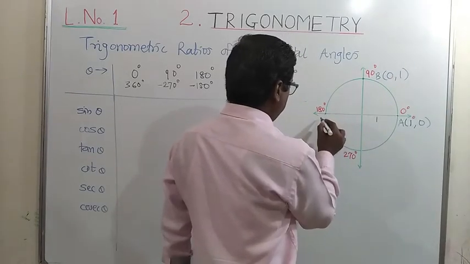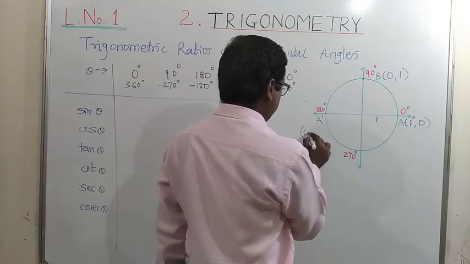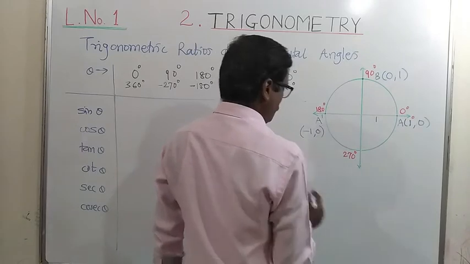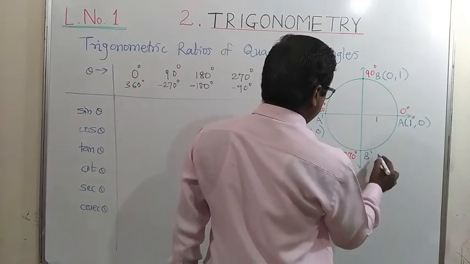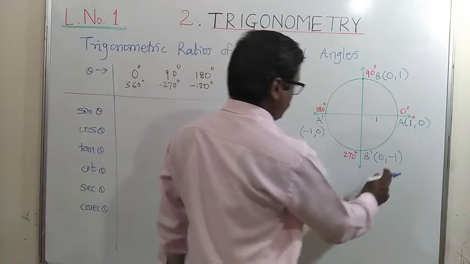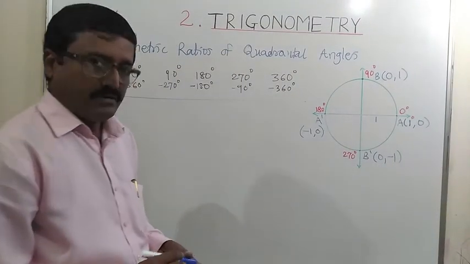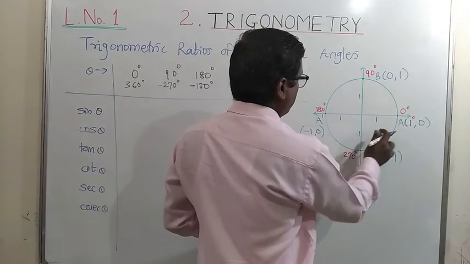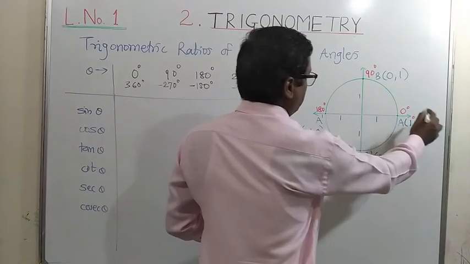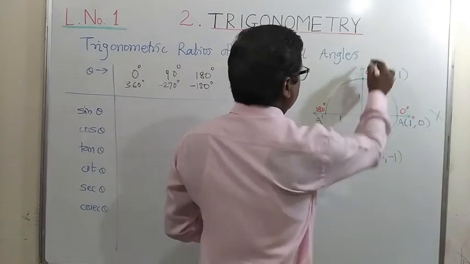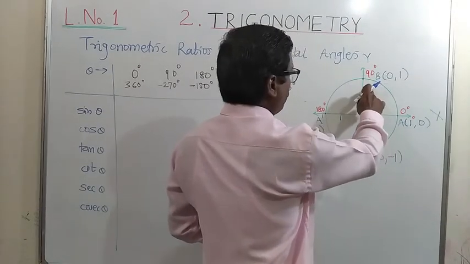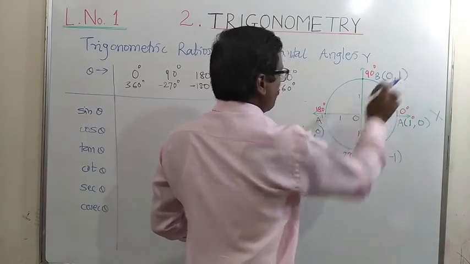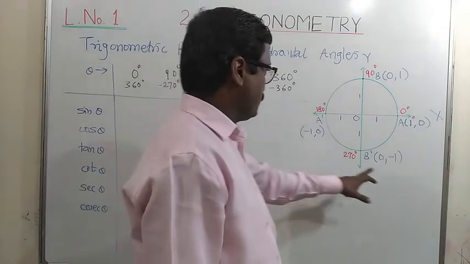Coordinates of this point A dash will be minus 1, 0, and the coordinates of this point B dash will be 0, minus 1. Is it correct? The point on the x-axis at a distance of 1 from the origin is 1, 0, and the point on the y-axis is 0, 1. Similarly, minus 1, 0, and 0, minus 1.